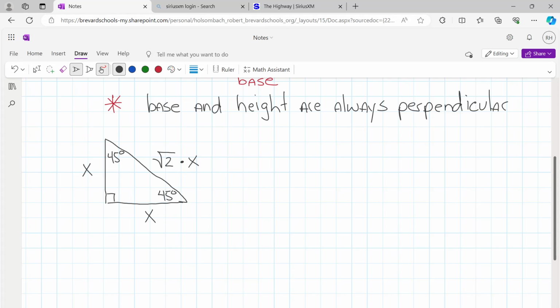The other type of special right triangle we worked with was a 30-60-90. In a 30-60-90, we've got a 30-degree angle and a 60-degree angle. If you remember, the side opposite the 30-degree angle is the shorter leg. The side opposite the 60-degree angle is the longer leg.